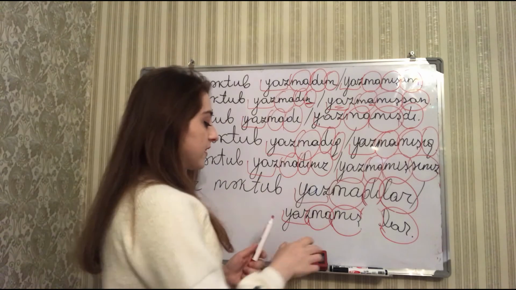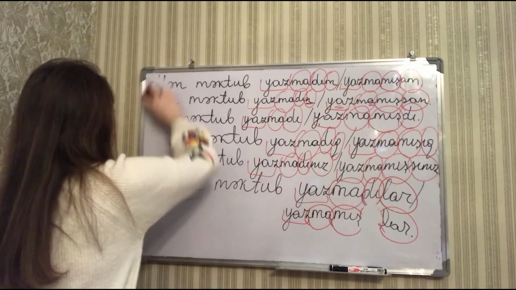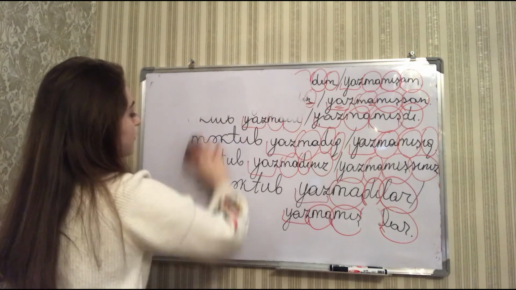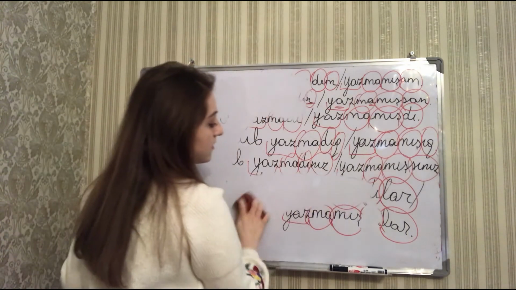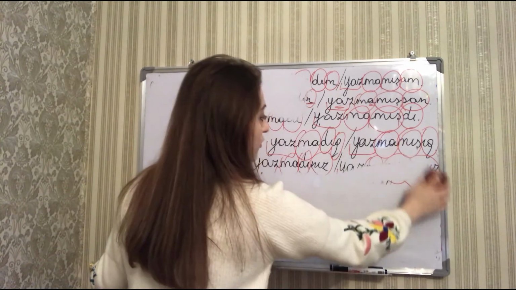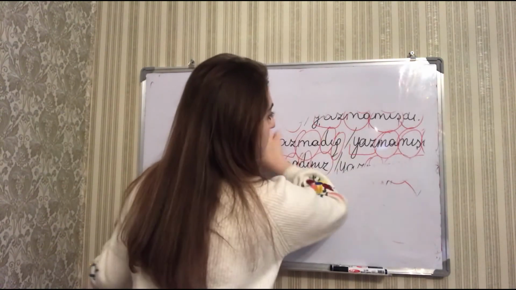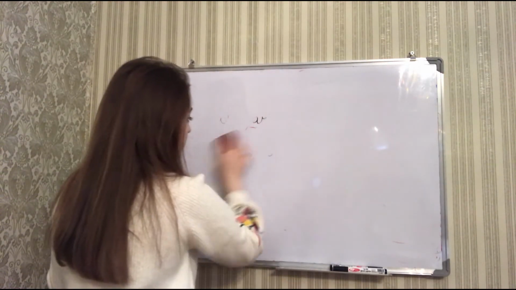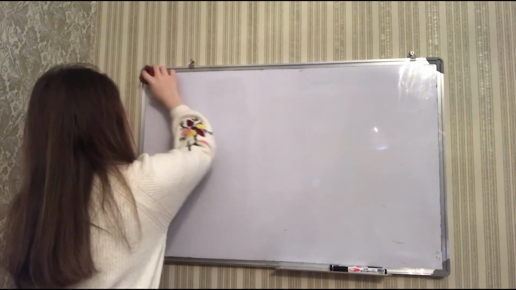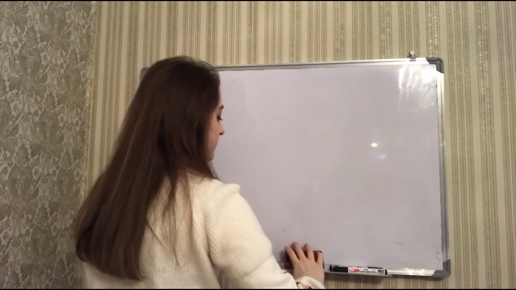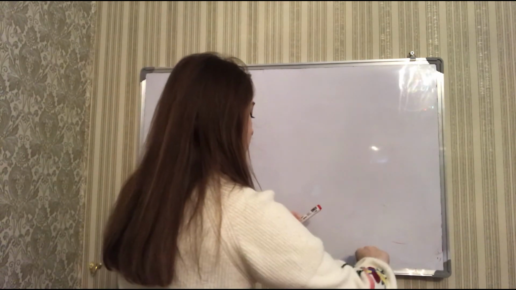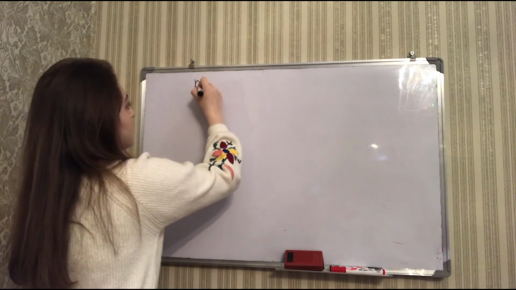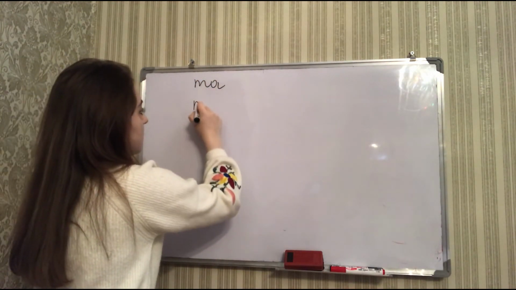And we can see some connection between negative form suffixes and the suffixes of past simple tense. So, what is the connection? Our negative suffix ma and me.